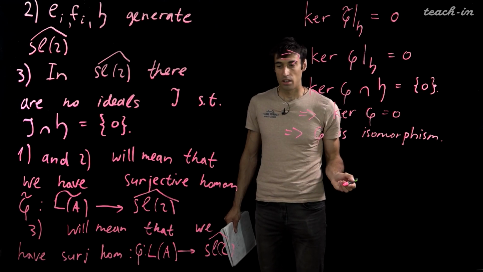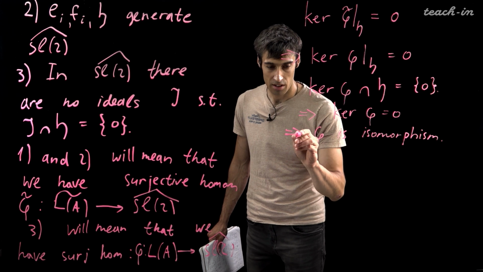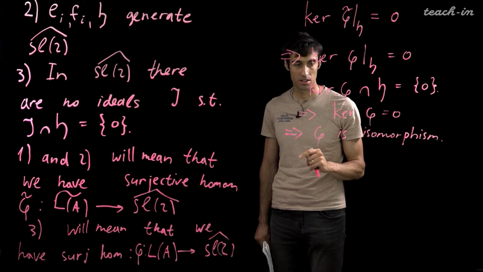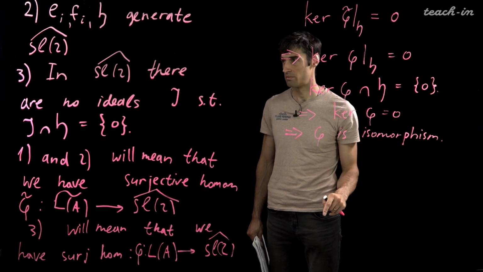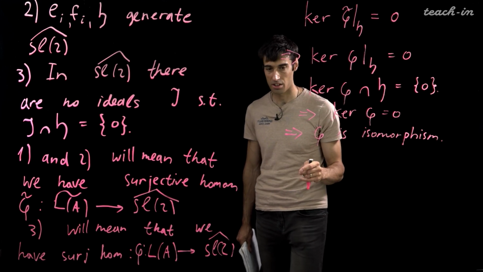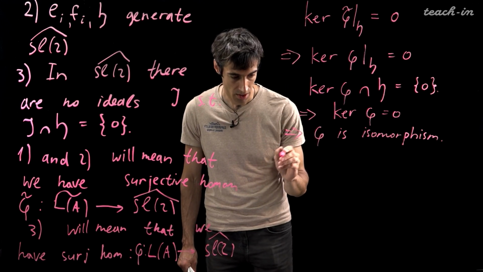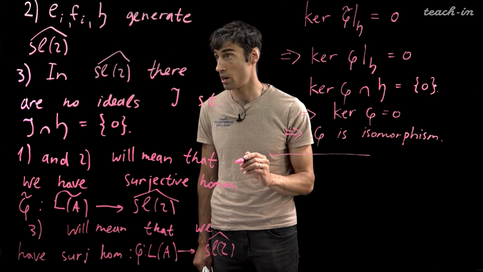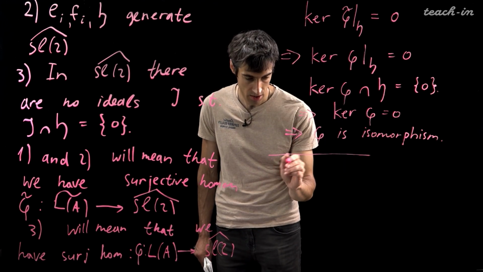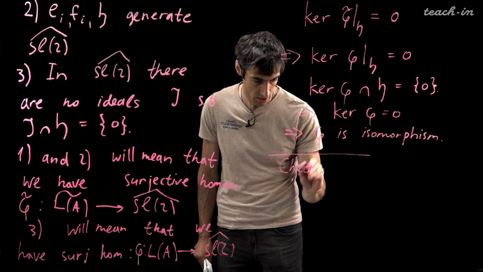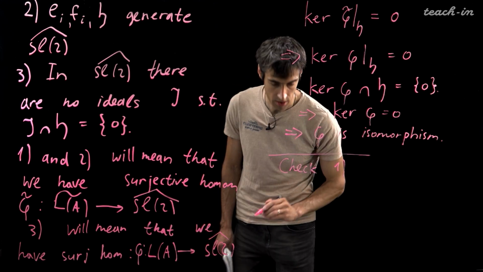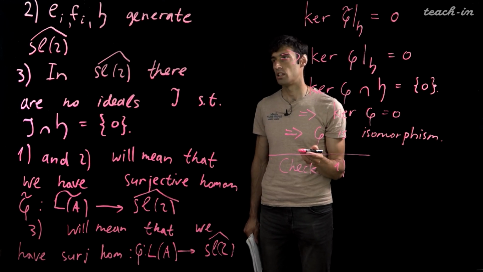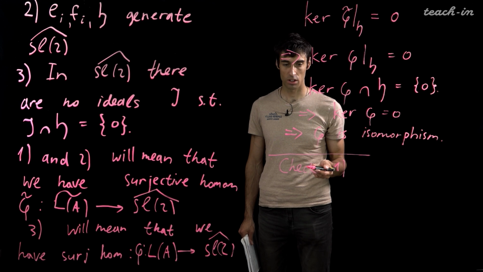Okay, so I hope that I convinced everybody that if we check these three things in our agenda, then we prove the theorem. So now let's start checking. To check item 1, I need to check some relations for E_i, F_i, and H. You can just do them all at home.